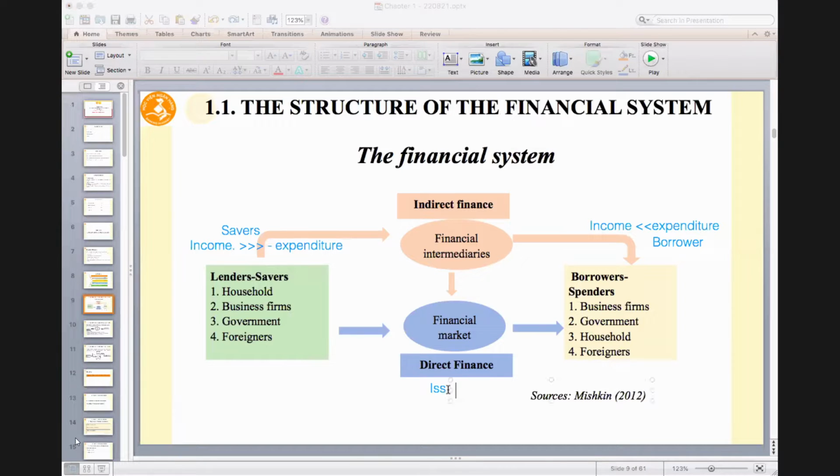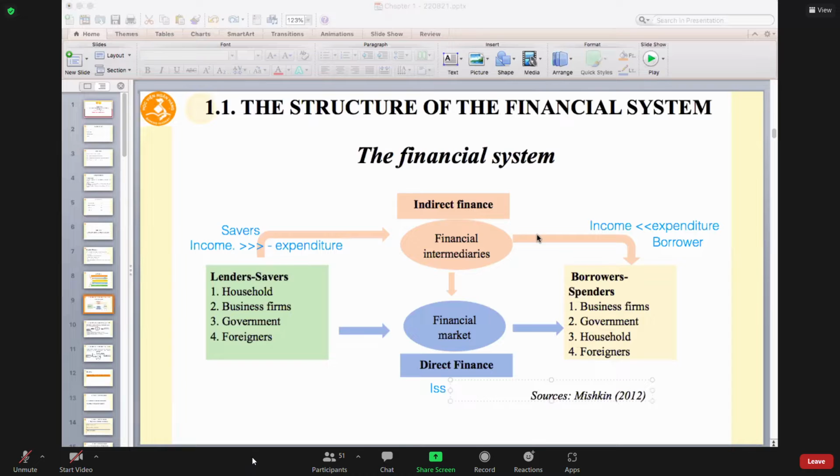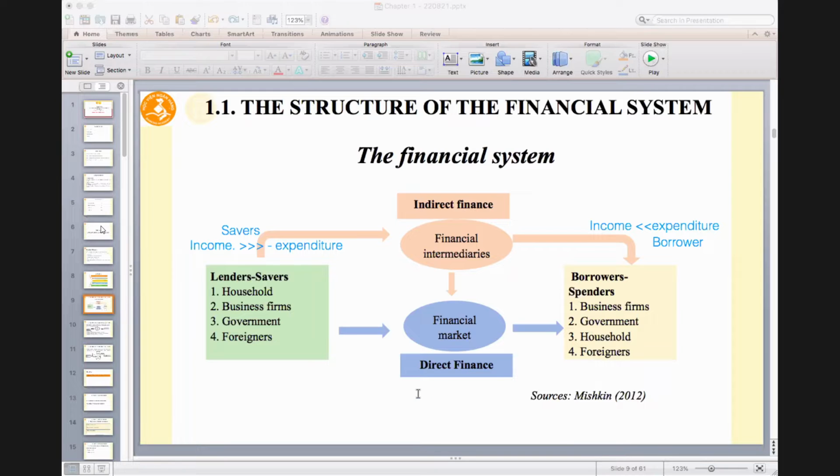They can issue bonds or stock. Are there any other ways? Only by issuing bonds or stock?